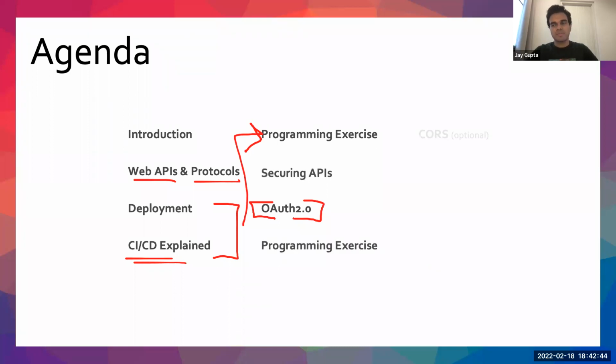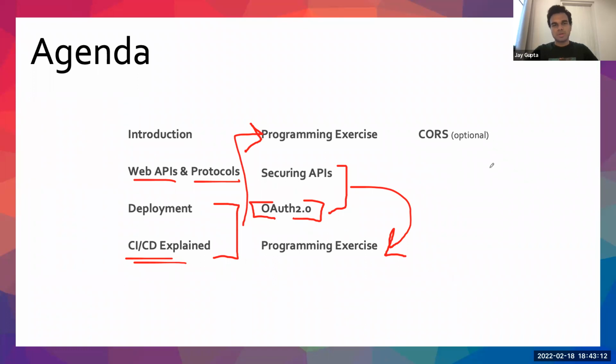And then we will have a programming exercise relating to security. So we will implement OAuth 2.0 in our API, which we built the last time. We will not code out the whole thing from scratch by ourselves because the code can be a bit too much for this workshop. Instead, we will just go over and have a walkthrough of the code and understand it from there.